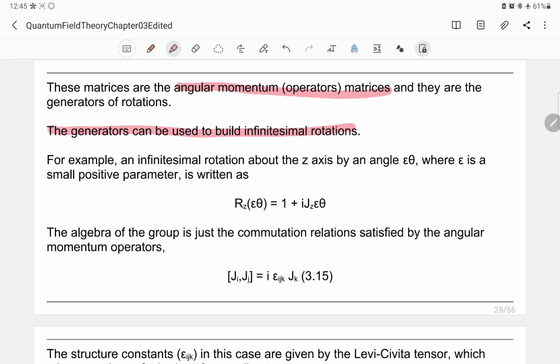For example, an infinitesimal rotation about the z-axis by an angle epsilon theta, where epsilon is a very small positive parameter, is written as this one. So the algebra of the group is just the commutation relation satisfied by the angular momentum operators. This is the Lie algebra of the group.